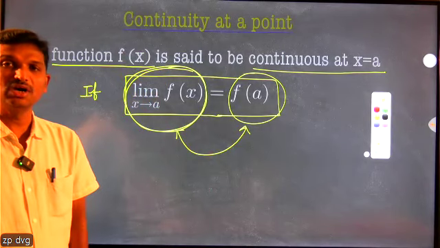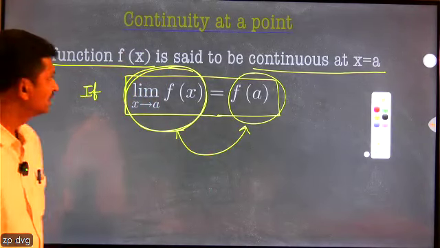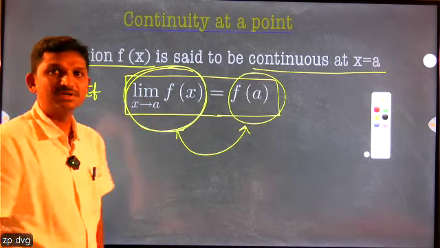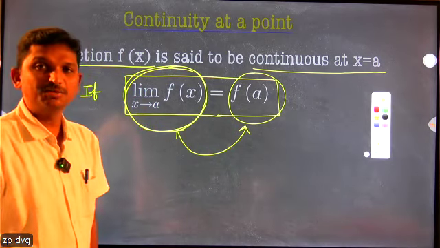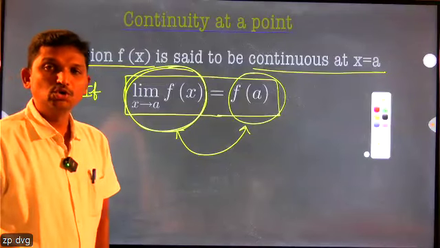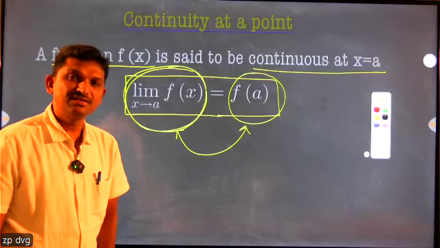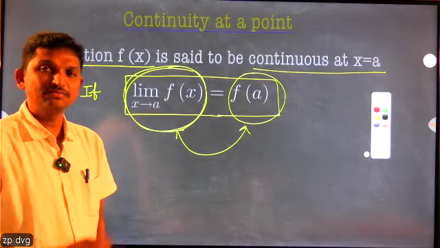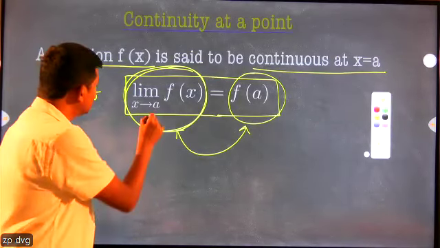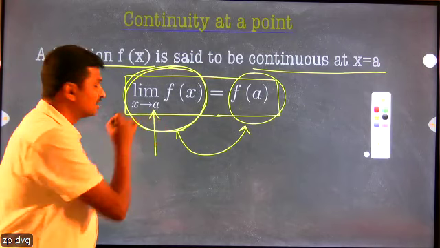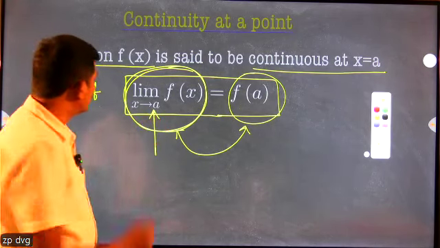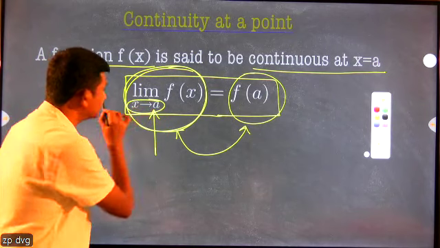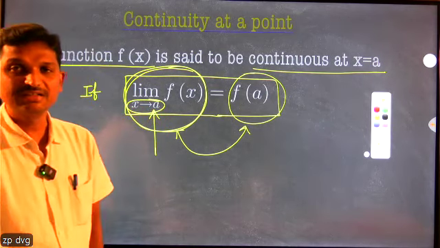To understand this chapter further, you must know the limit concept, limit x tends to a. Do not worry if you don't know this concept, I am going to explain those things also. For the first 10 minutes, we will discuss what is in the limits chapter, how we find the limit, and what it means when x approaches a.